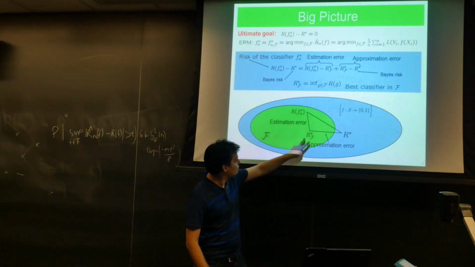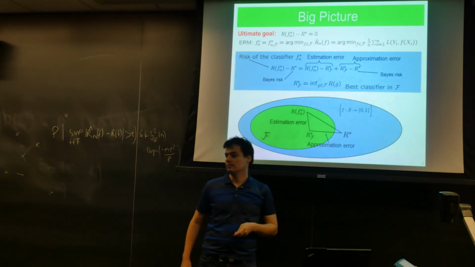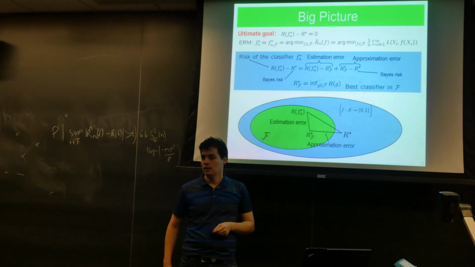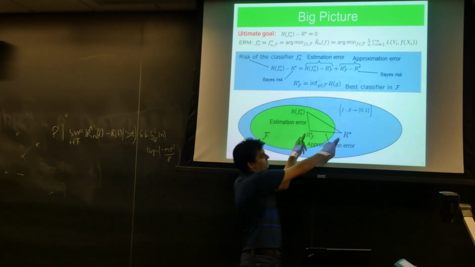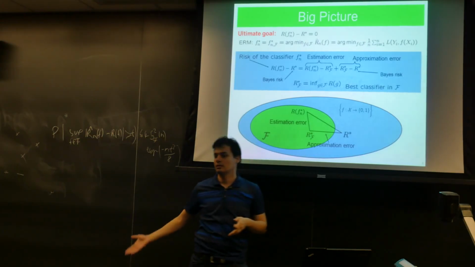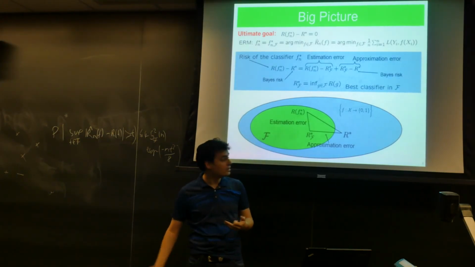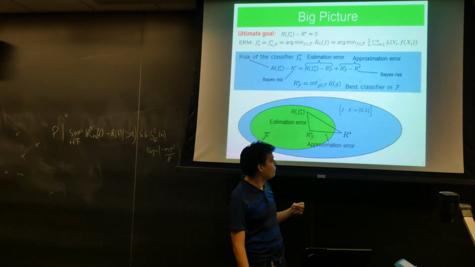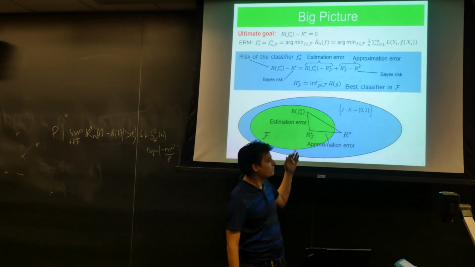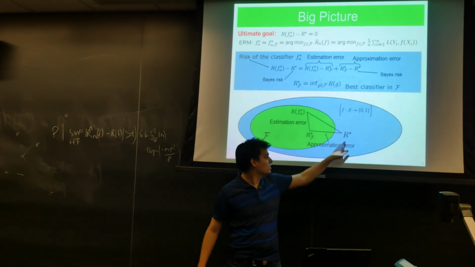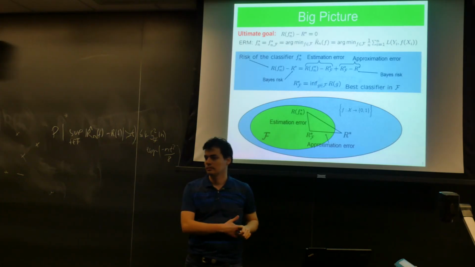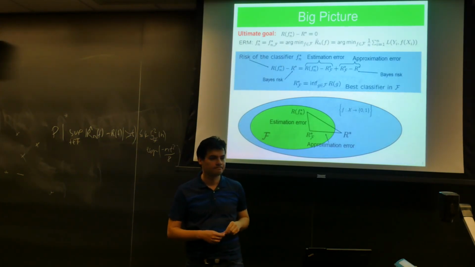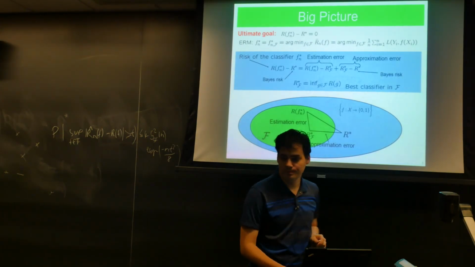You do that because you want to minimize the approximation error as well. If your VC dimension is very small, you would always have a big approximation error. You want to avoid that too, because ideally you want classifiers that in the limit achieve the Bayes risk. Good?